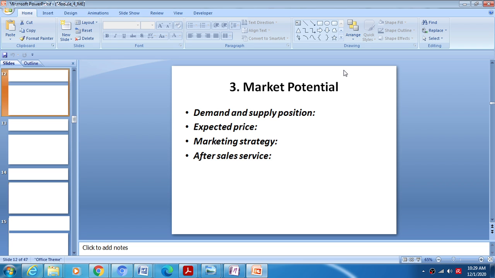You also need to mention how much of this gap will be filled by the production unit which you're proposing. That again has to be done very carefully.